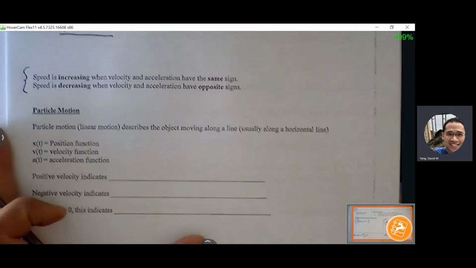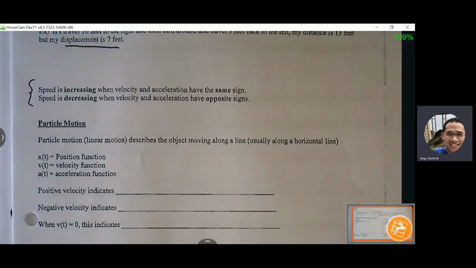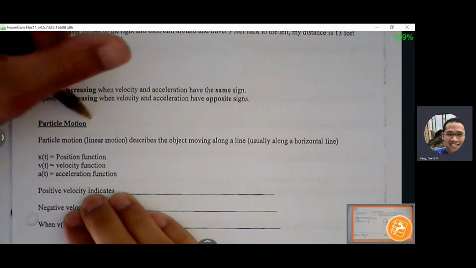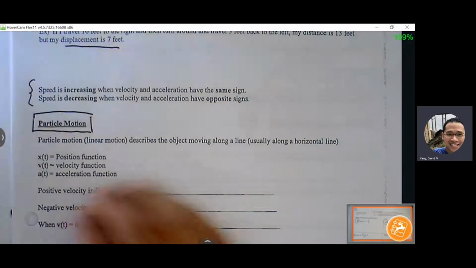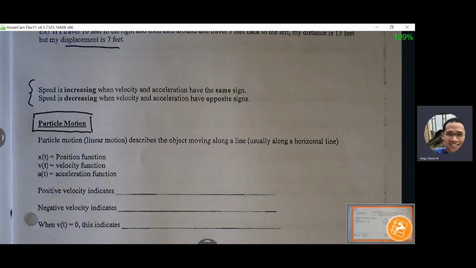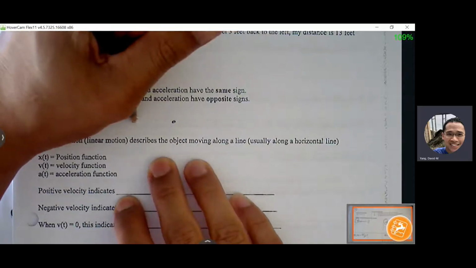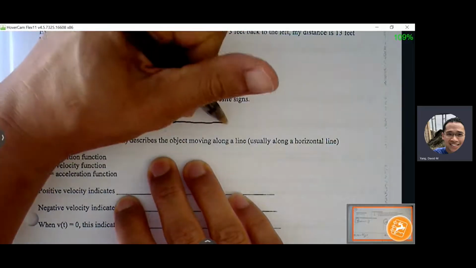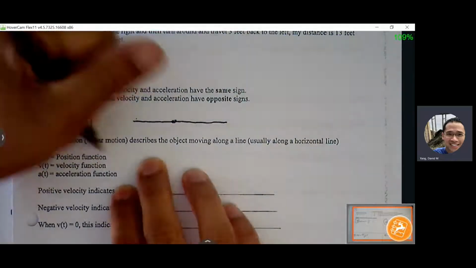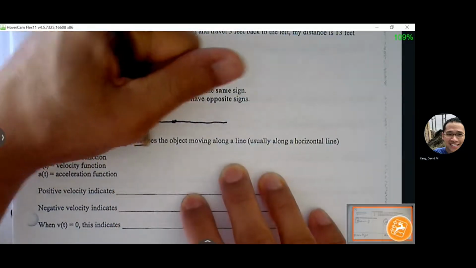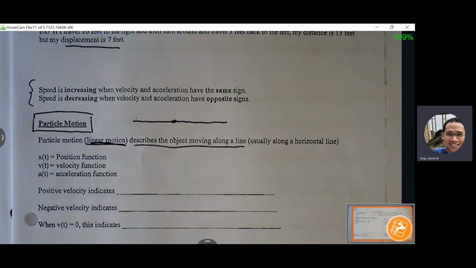For position, velocity, acceleration, we also have a very similar thing, which we call particle motion. Whenever you see particle motion, it just means that this particle is going to be moving in a very restricted manner. It's going to be moving along a linear motion, usually along a horizontal line.